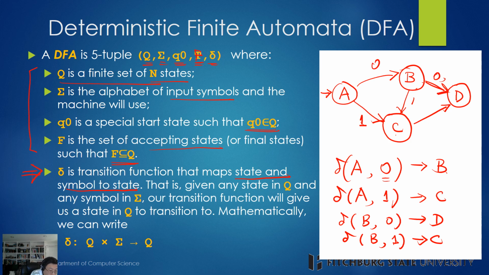So now we're going to define the delta for state C. If the symbol is 0, we're going to map to D. If the symbol is 1, we map to D as well. So for both 0 and 1, we map to D. Now for D, we're going to define the delta for D, right?